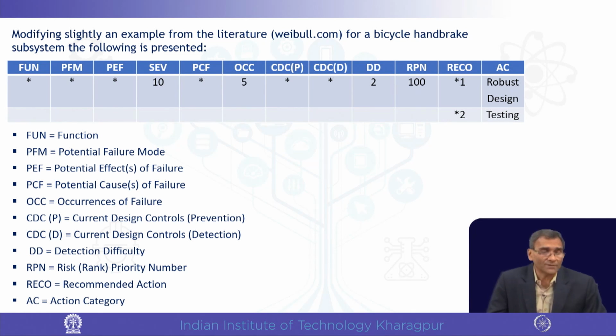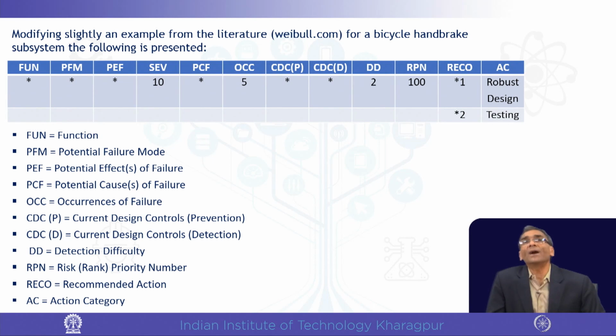Potential failure mode, potential effects of failure, potential cause of failure, OCC, occurrence of failure, current design control, current design control detection, DD, detection difficulty, RPN, risk priority number, recommended action, which I just now mentioned, what to do, and finally to understand which action category it comes to. So, all these have been defined here.